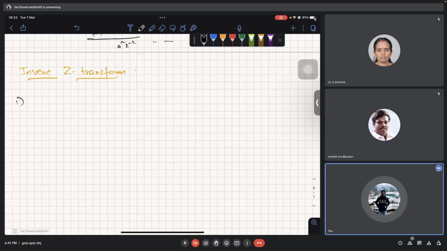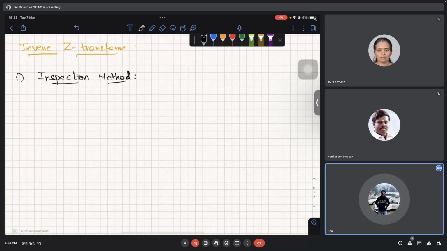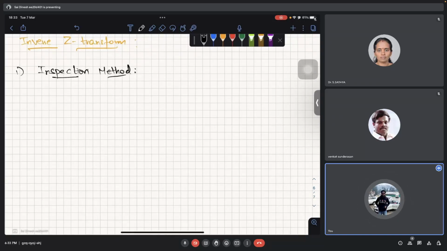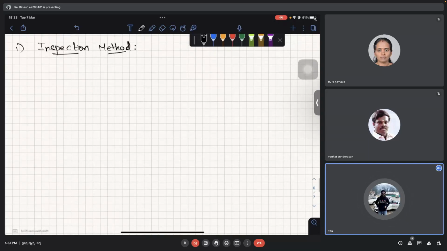The first one is the inspection method. This is pretty straightforward. You know a particular form of Z transform pairs, so you just apply it. You find the patterns in the X of Z of such form, and then use the Z transform pairs to find the inverse Z transform.